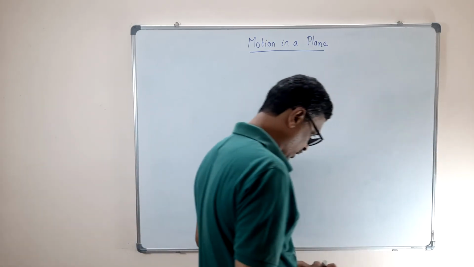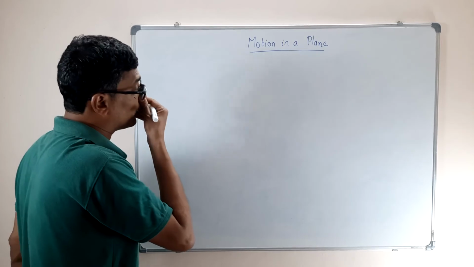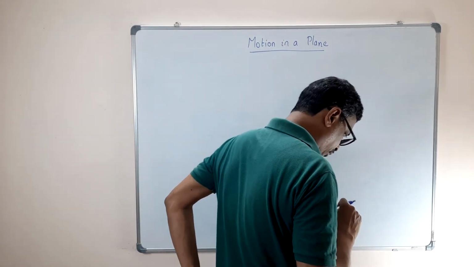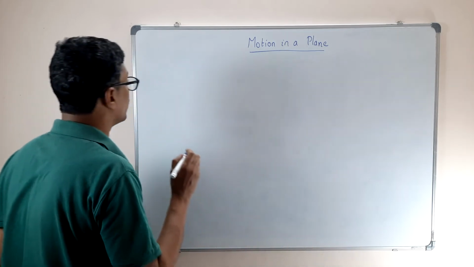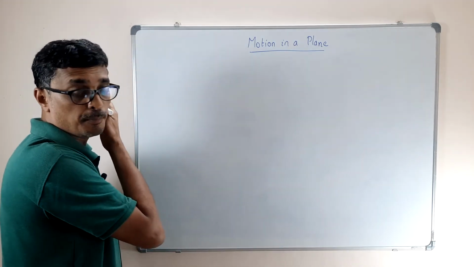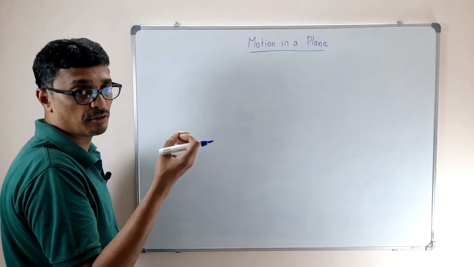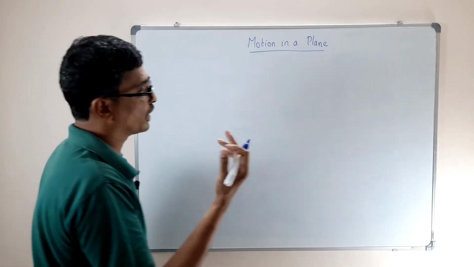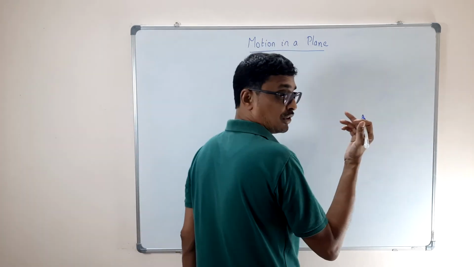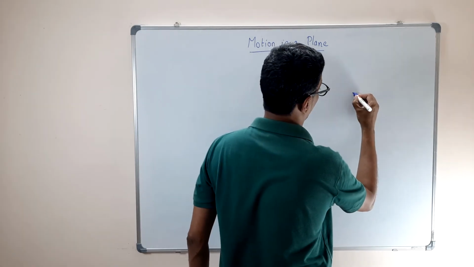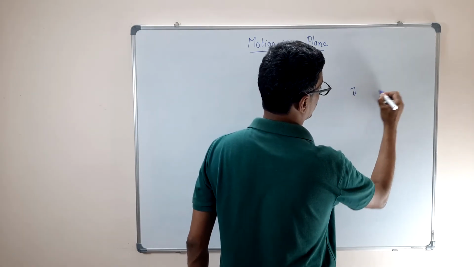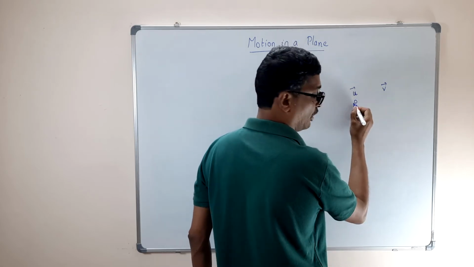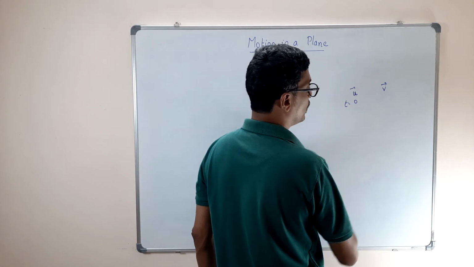Anyway, first I will do the way they have done to get the equation of motion. The first equation of motion: suppose acceleration is the change in velocity with respect to time. Am I right? So suppose for example there are two velocities. Initial velocity is u and the final velocity is v. Let this be at t equal to 0, this is the velocity.